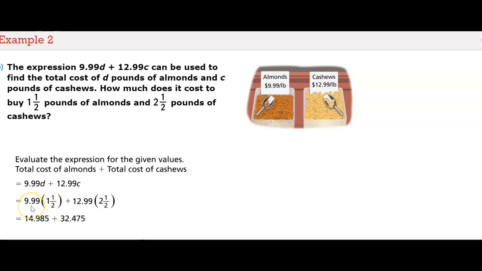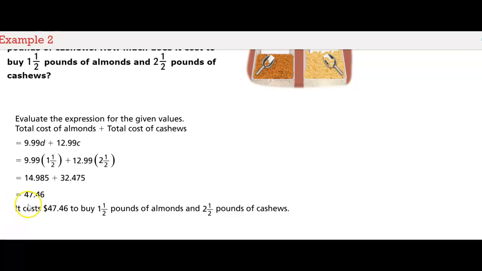So $9.99 times the 1.5 would equal 14.985 plus the $12.99 times 2.5 is 32.475. Then you have to add that together and you get $47.46 to buy the 1.5 pounds of almonds and the 2.5 pounds of cashews.